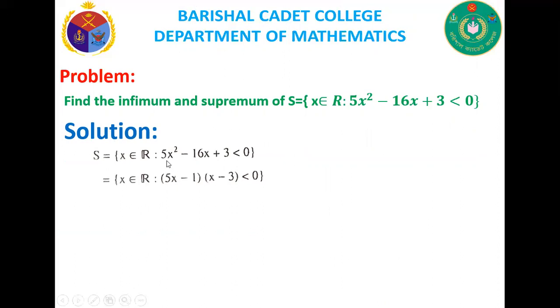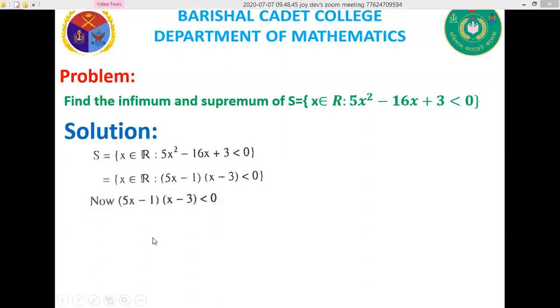the expression 5x square minus 16x plus 3 equal to (5x minus 1) into (x minus 3). It is very easy, just applying factorization. Now we have the inequality (5x minus 1) into (x minus 3) less than 0.